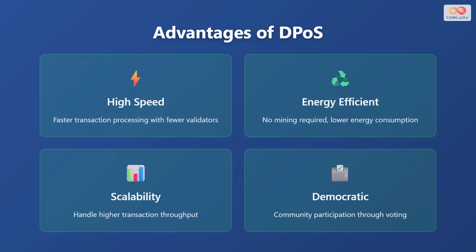Third is scalability. The streamlined validator set allows DPoS blockchains to handle higher transaction throughput, making them suitable for large-scale applications. Finally, DPoS promotes democratic participation through its voting mechanism, giving the community direct influence over who validates their transactions.